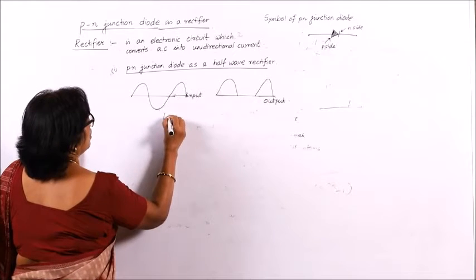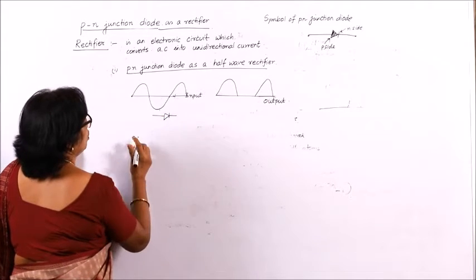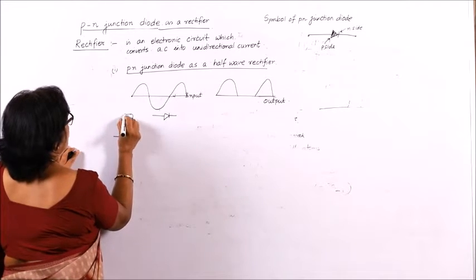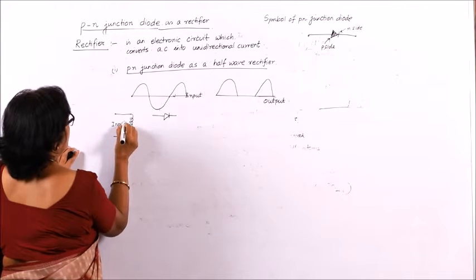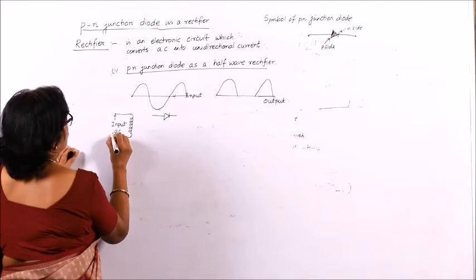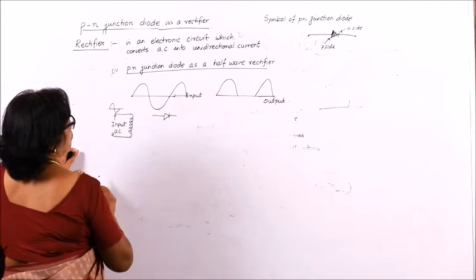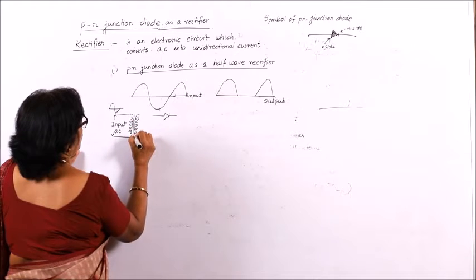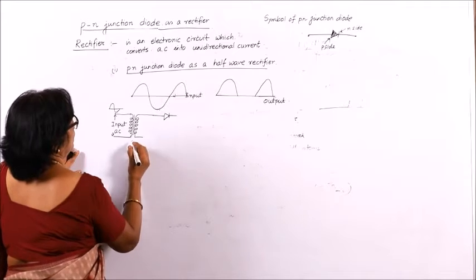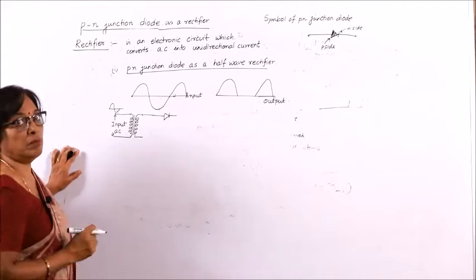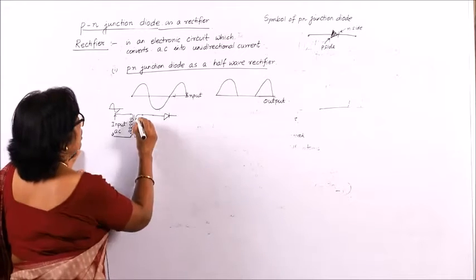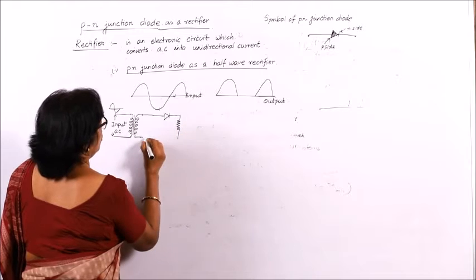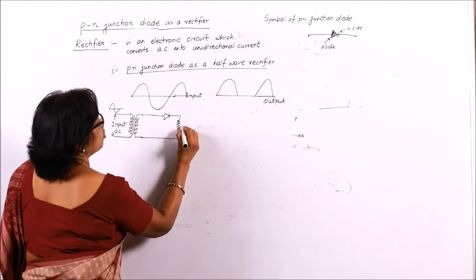So, I will use that here, the PN junction. You want to convert an AC. So, this is my input, an AC, something like this. A transformer is used. The two ends of the secondary of the transformer are connected to this diode, and here is my load, wherever the current is to be given, this is called the load resistance.